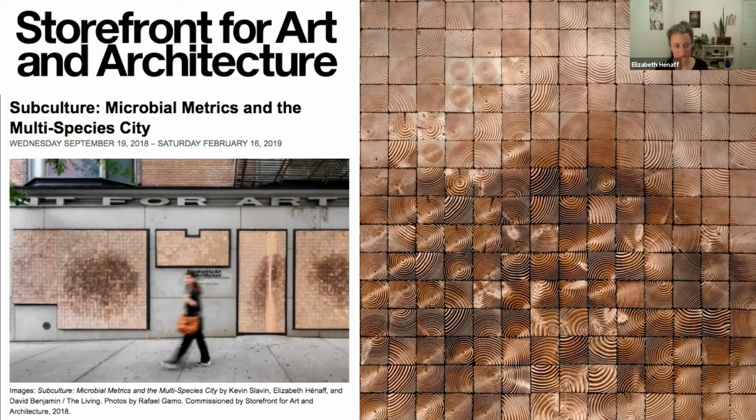This was an exhibit at a gallery in downtown Manhattan that has these big swiveling doors. We designed bioreceptive panels to be mounted on those doors as a way of creating microenvironments that were visible on the human scale.